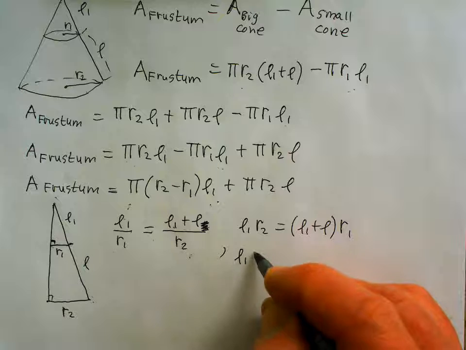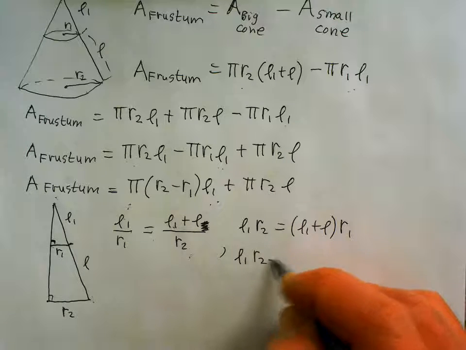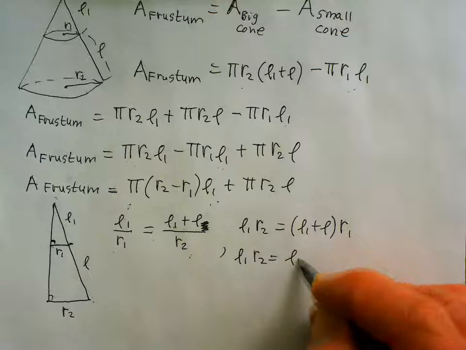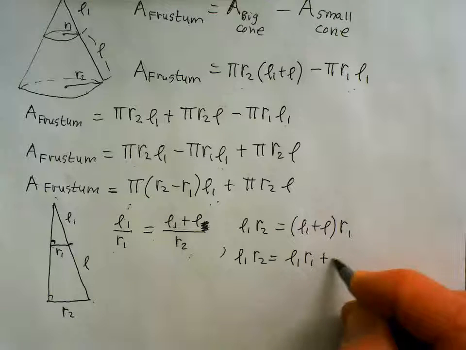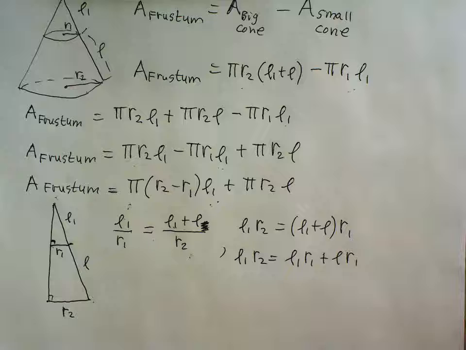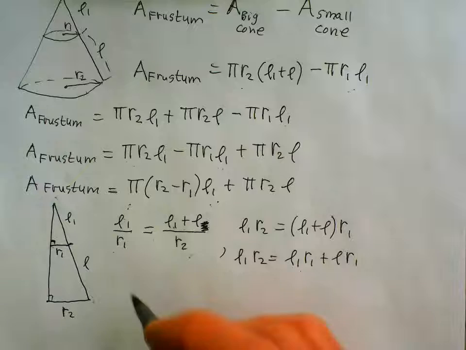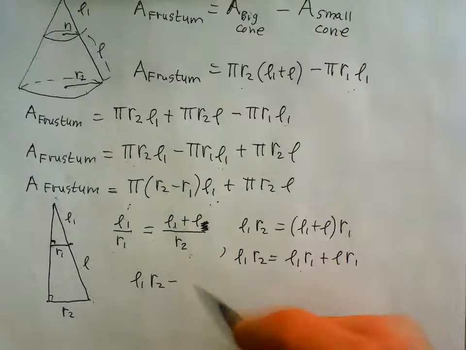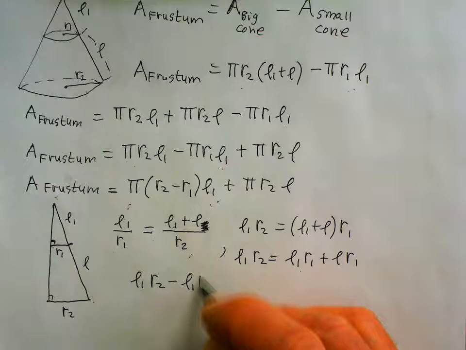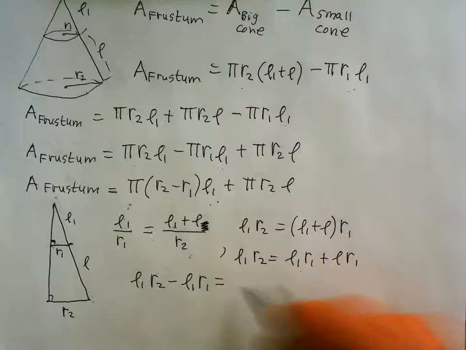And then L sub 1 times R sub 2 is equal to L sub 1 times R sub 1 plus L times R sub 1. Then we'll subtract L sub 1 times R sub 1 from both sides. So L sub 1 times R sub 2 minus L sub 1 times R sub 1 equals L times R sub 1.